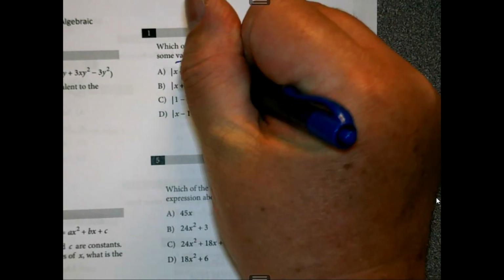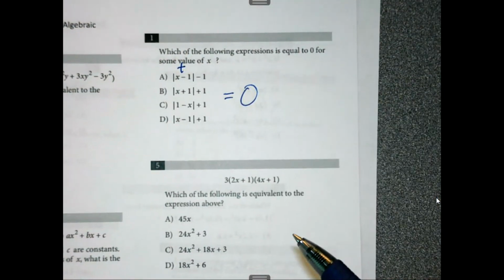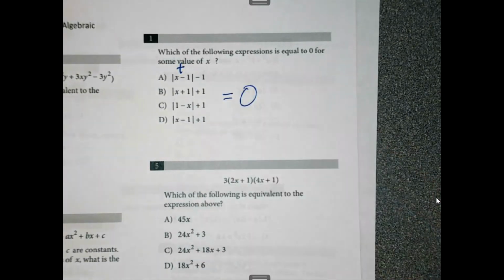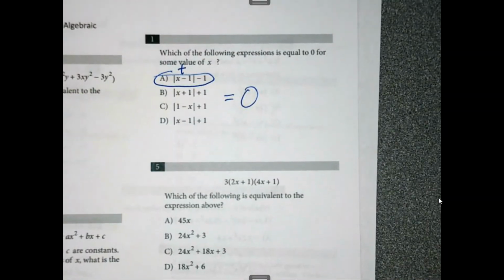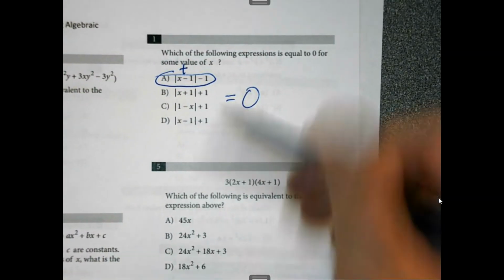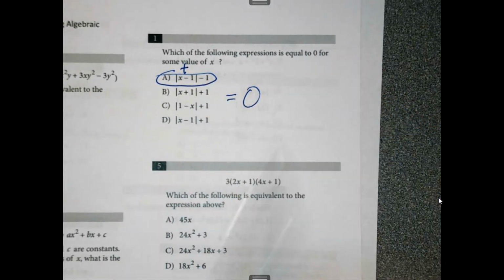So if we have a positive number, what's the only way to get zero? You got to subtract. Which one of these is the only one that has subtraction on it? A. It's got a minus one. All the other ones are adding to an already positive number. That's the only one that can possibly equal zero. So other than knowing the definition of absolute value, we used our logic.